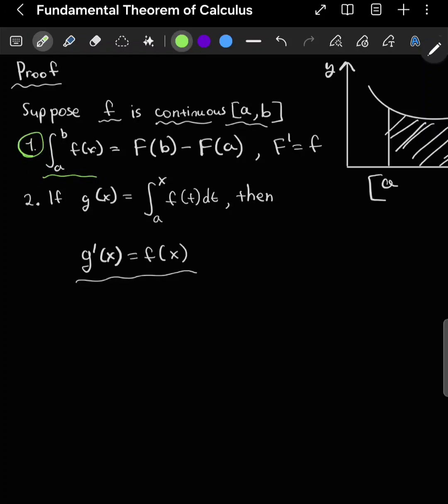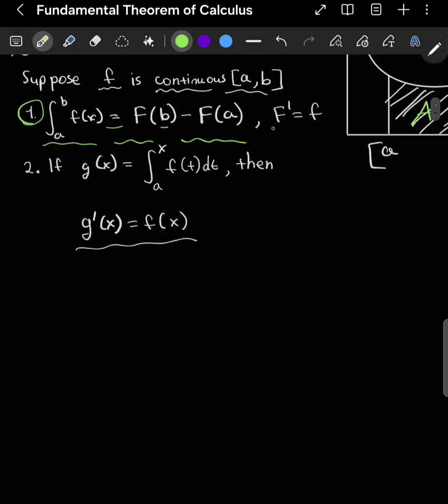this is used to find the area here: the integral from a to b of f(x), which is equal to the antiderivative of f at b minus the antiderivative at a. So this formula is essentially used to find the area under the curve.